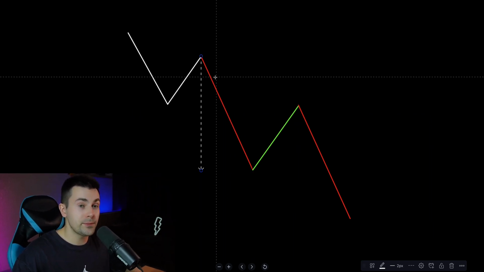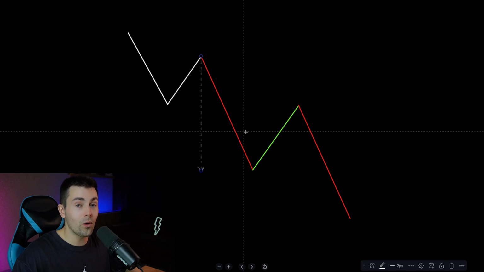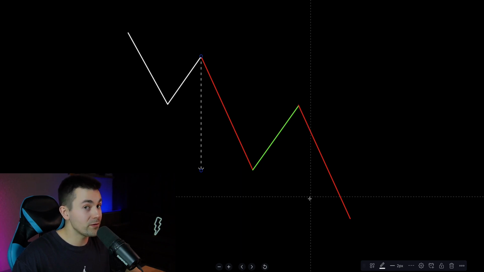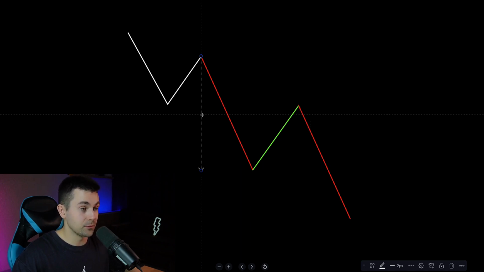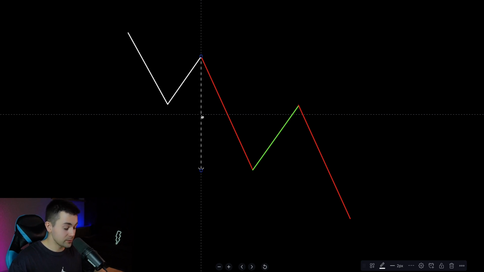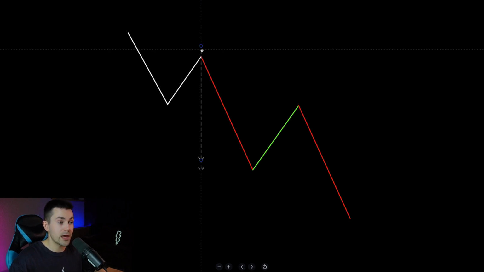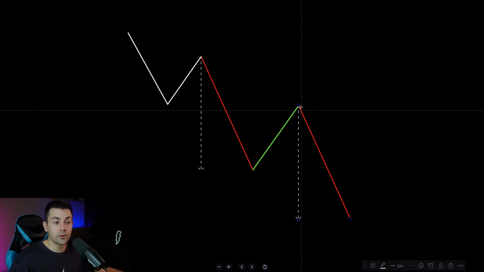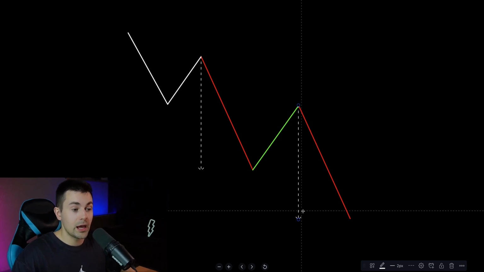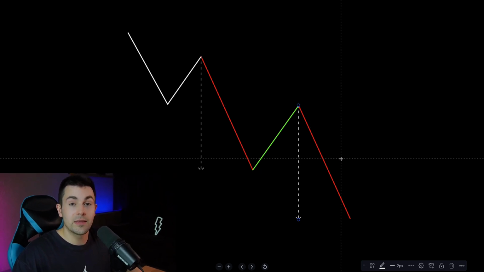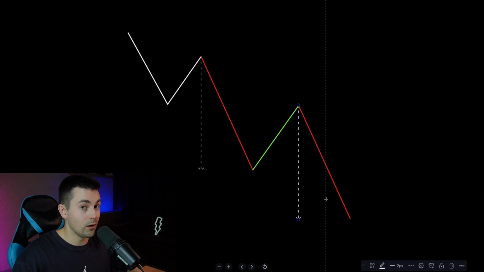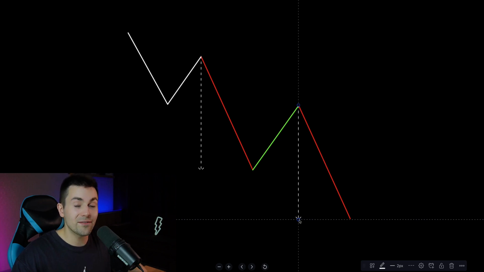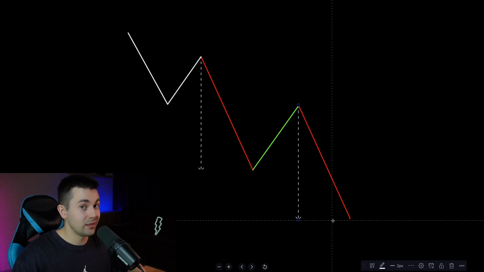Then you should compare the length of that impulse to the length of the second bearish impulse. You simply take the length of the first impulse, you copy that, and you draw that line from the initial point of the second impulse. And you can see that these impulses are equal. They have the same length.